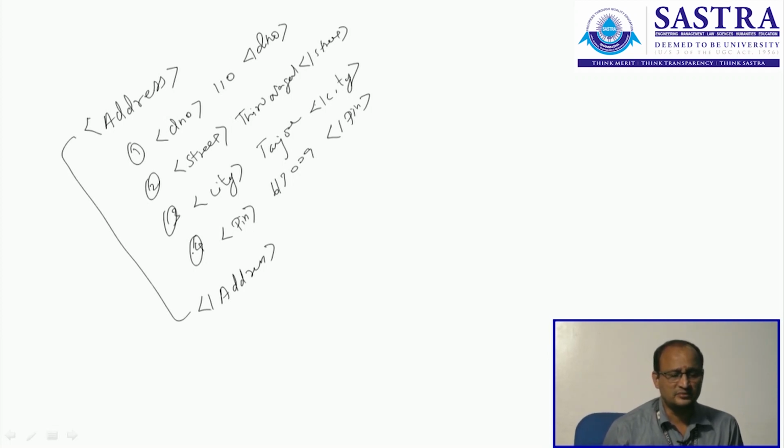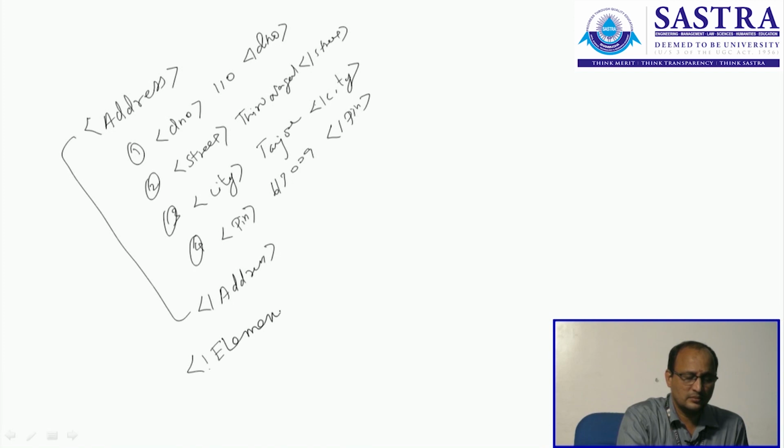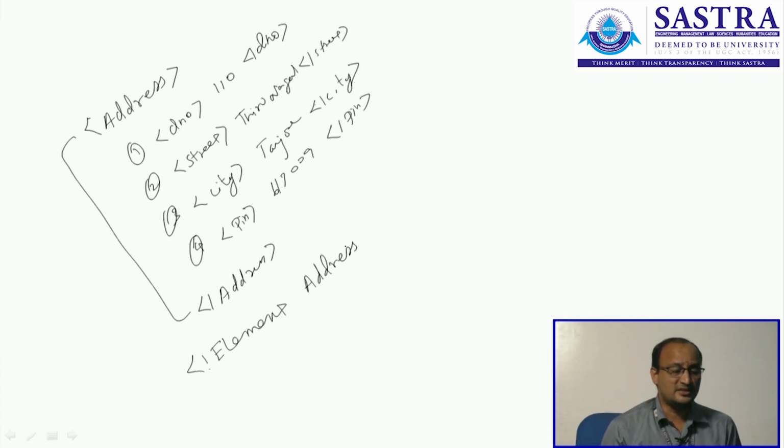element. In the sense, while creating doc type for making the address as element, I have address, the address element which is carrying 4 child elements.